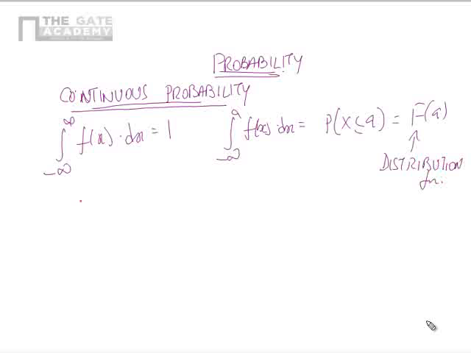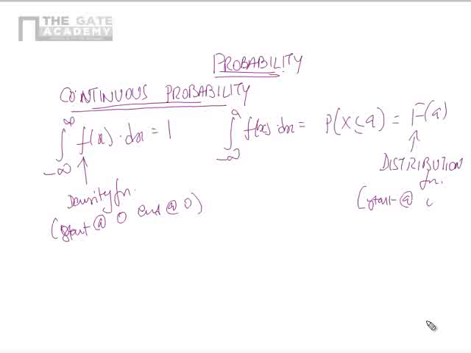This small f is your density function, and we saw one important property that the density function will start at 0 and end at 0. The distribution function will start at 0 and end at 1. Correct?